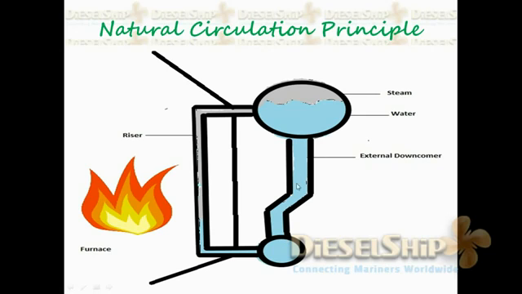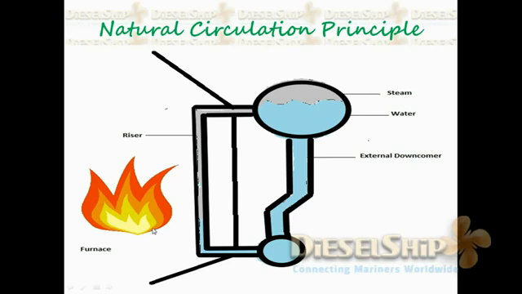Since the water flows in a downward direction, we call it a downcomer. And these are the riser tubes or the generating tubes, which means the water converts itself into steam and then rises up through these tubes and gets collected in the steam space. That's why these are called risers, and this is the furnace.